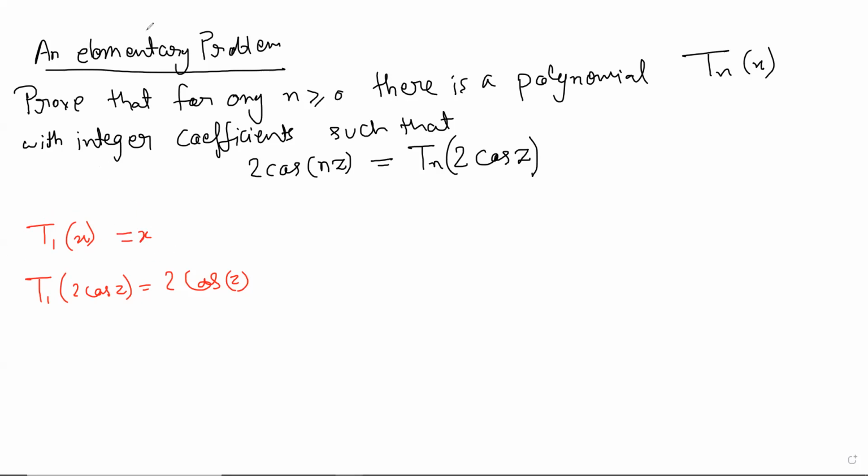So T1(x) is x. Simple. Let's see what else we can say. And also we need integer coefficients.